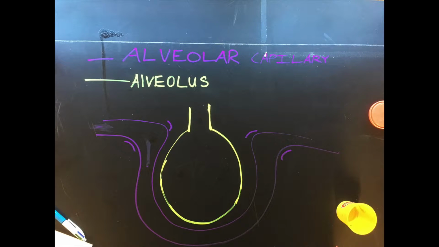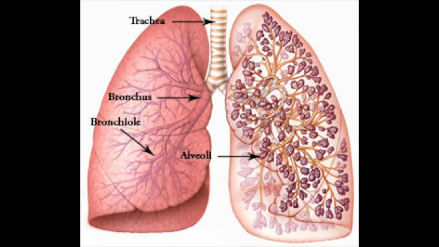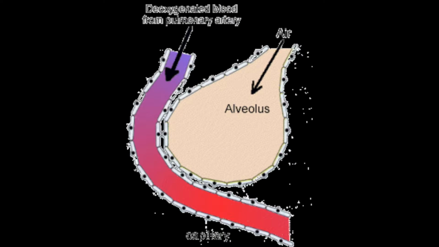And here is an alveolus and an alveolar capillary. Now that yellow alveolus is actually part of an alveolus sac shown here. And there are millions of these sacs which make up the lungs. And here's just a further picture of a capillary right up next to the alveolus.